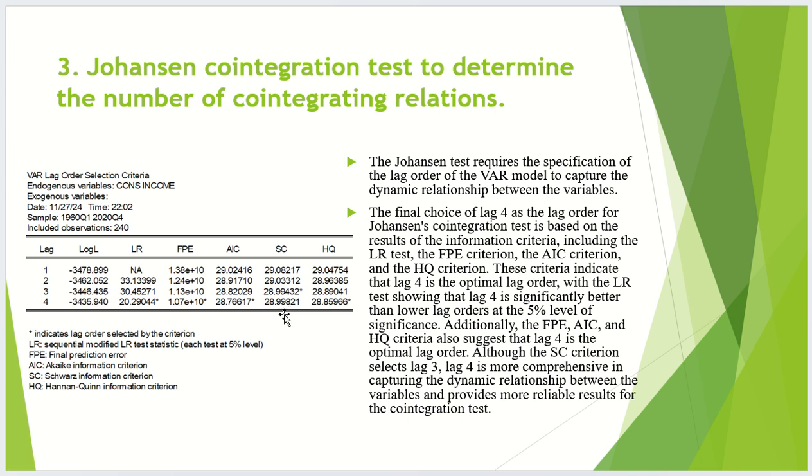So we might choose lag 4, but HQ and SC criteria also suggest that lag 3 is better. So to simplify the equation, we choose lag 3 as our lag choice for the next step.